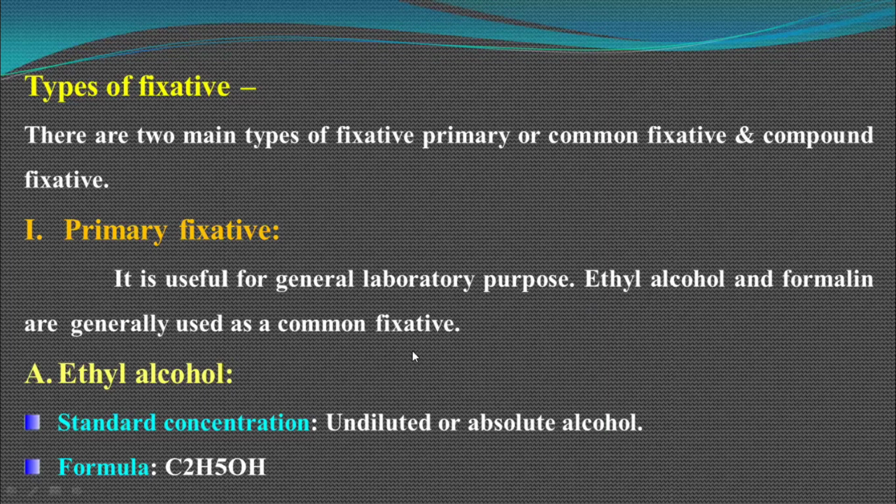These are the common fixatives. So we will first focus on ethyl alcohol. Generally, ethyl alcohol can be used in undiluted form or absolute alcohol, that is 100% alcohol. The formula of ethyl alcohol is C2H5OH.